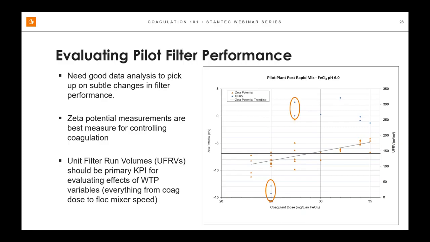In fact, some of the plants that I know of that have used Zeta Potential a lot say, as long as we're between -5 and +5, or -5 and 0, or -7 to -3, things work. So yeah, that is a fact of life. After doing this a long time, I don't have a good explanation, but it's a reality.